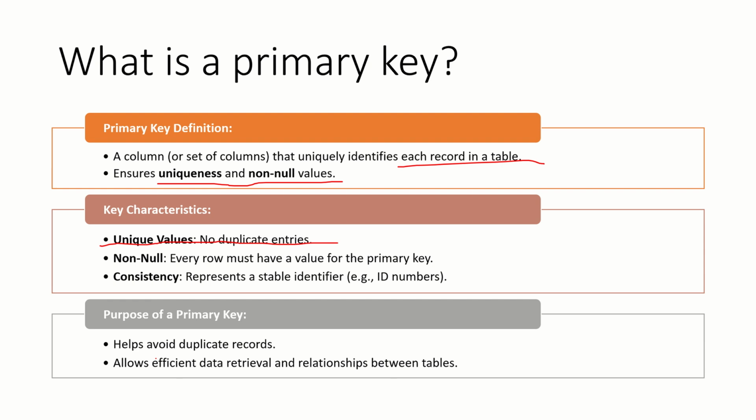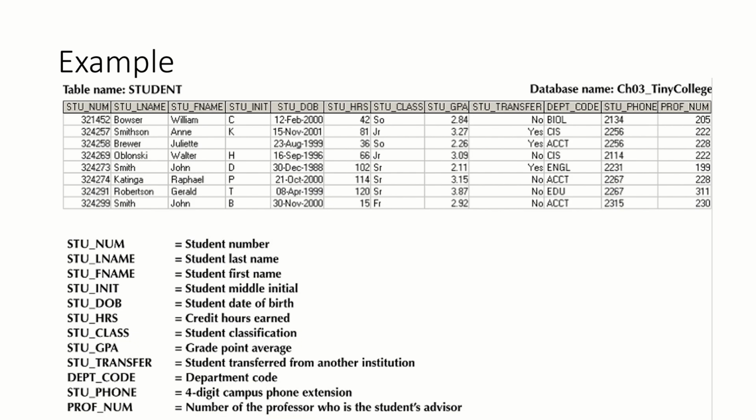Last week we talked about how duplicate records will probably lead to errors or slow performance, which is something we don't want. When we define the primary key, it allows you to efficiently retrieve the data and easily find the relationships between the tables.